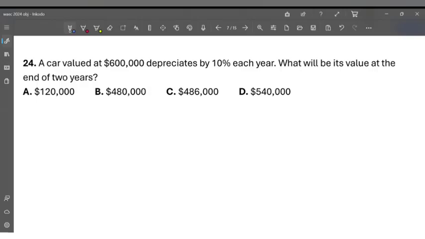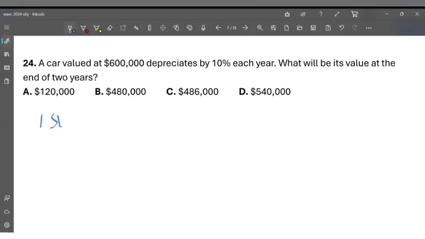So the car was valued at $600,000, but after a year it reduces by 10% in value. The next year it also reduced by 10%. So how much will it be worth after 2 years? So we simply need to know what 10% of 600,000 is to know how much it has reduced at the first year.